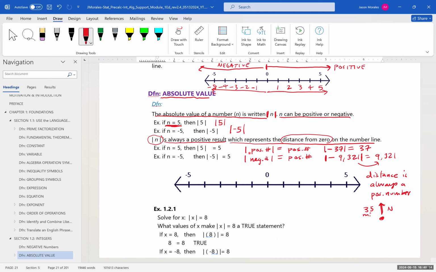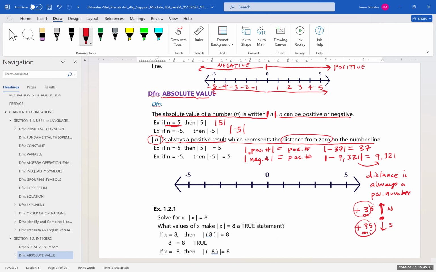If you start from this city and you travel south 35 miles, then you've traveled south 35 miles. It's not like this is +35 and that's -35 miles. Okay. Distance is always a positive number.